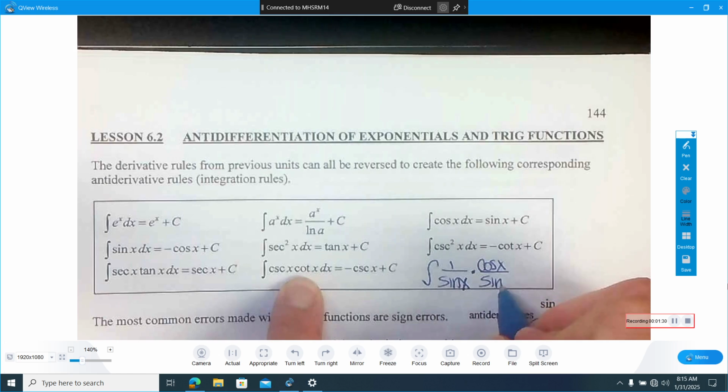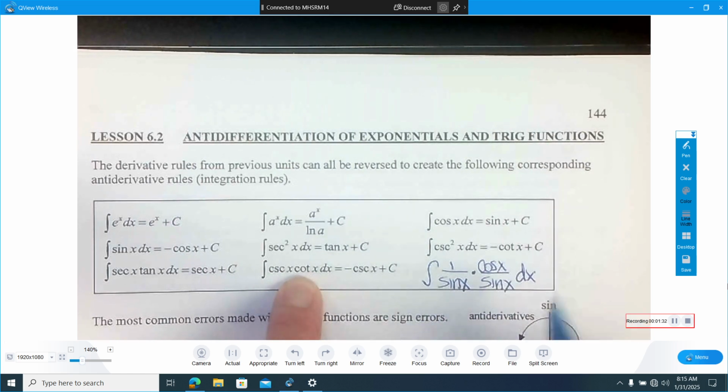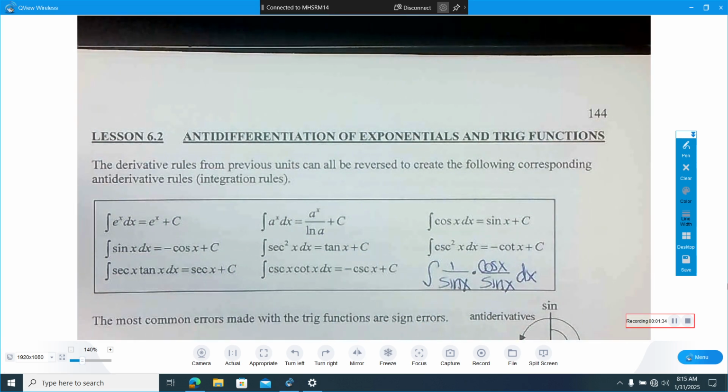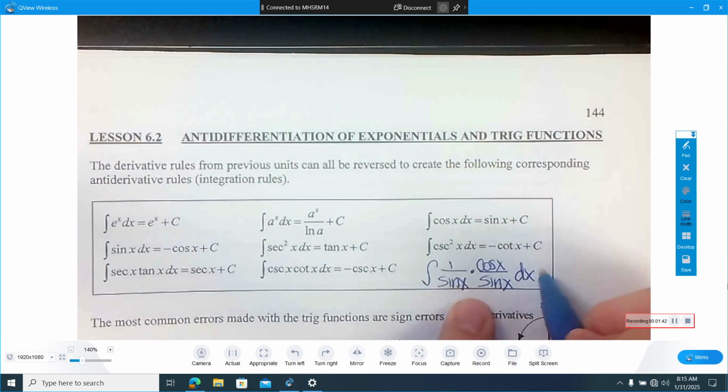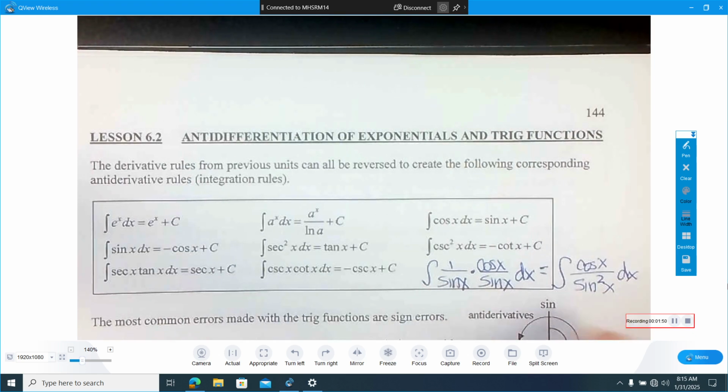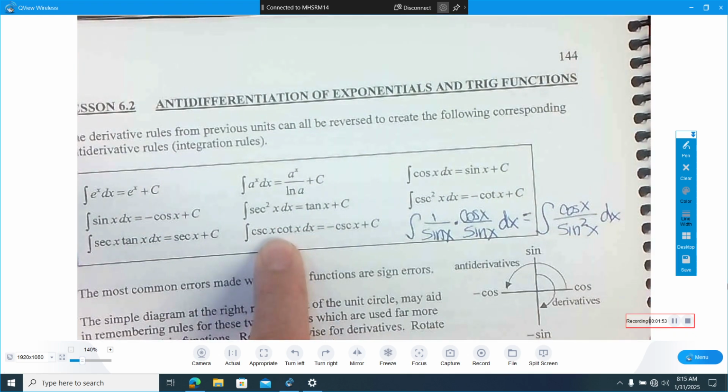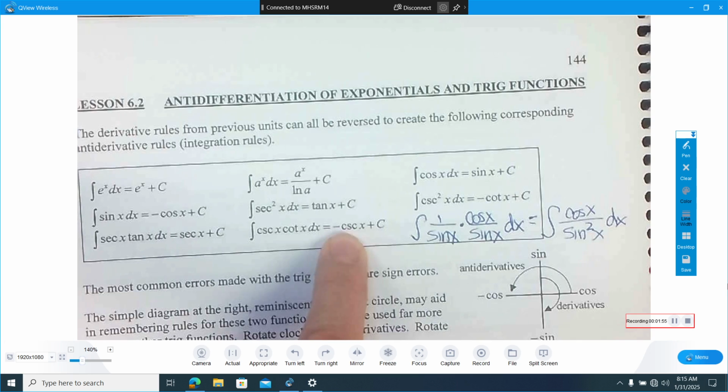Cosine x over sine x. And so it's important that when you're integrating trig functions or taking derivatives, remember that they might be in different forms. So they look totally different, but really it's something super easy.